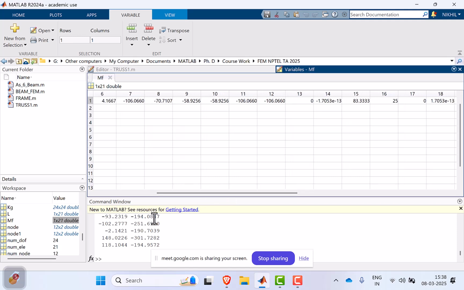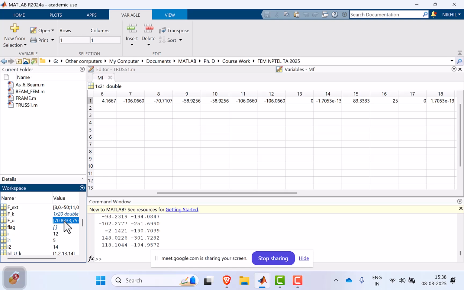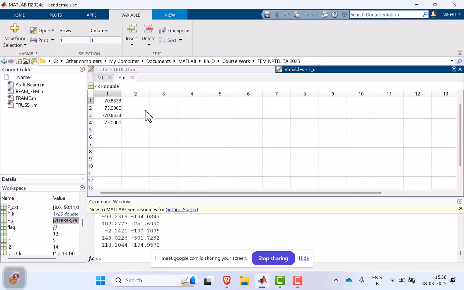Next, you have to see the horizontal support reaction at support A. The support reactions you see from the F unknowns. If you see the F unknown variable, you will see four values because you have two nodes with support reactions. The x direction and y direction are all computed here.